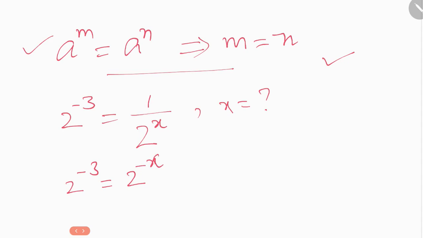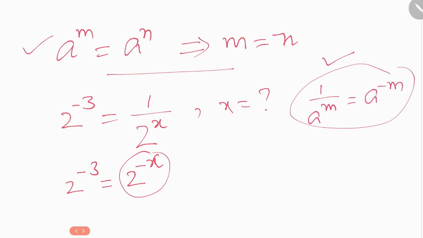We are using 1 by a power m is equal to a power minus m. According to this law we can write 2 power minus 3 is equal to 2 power minus x.